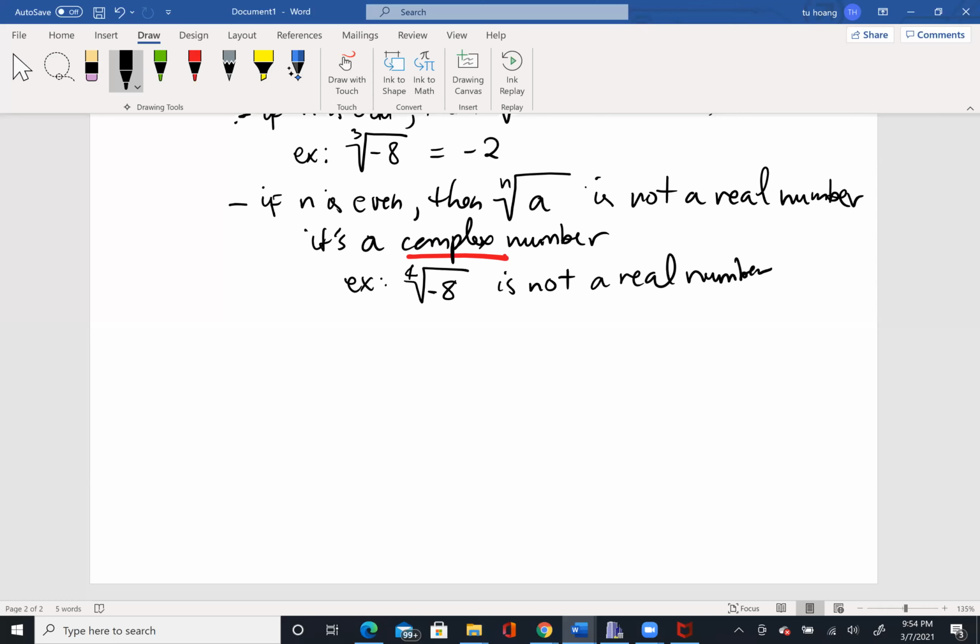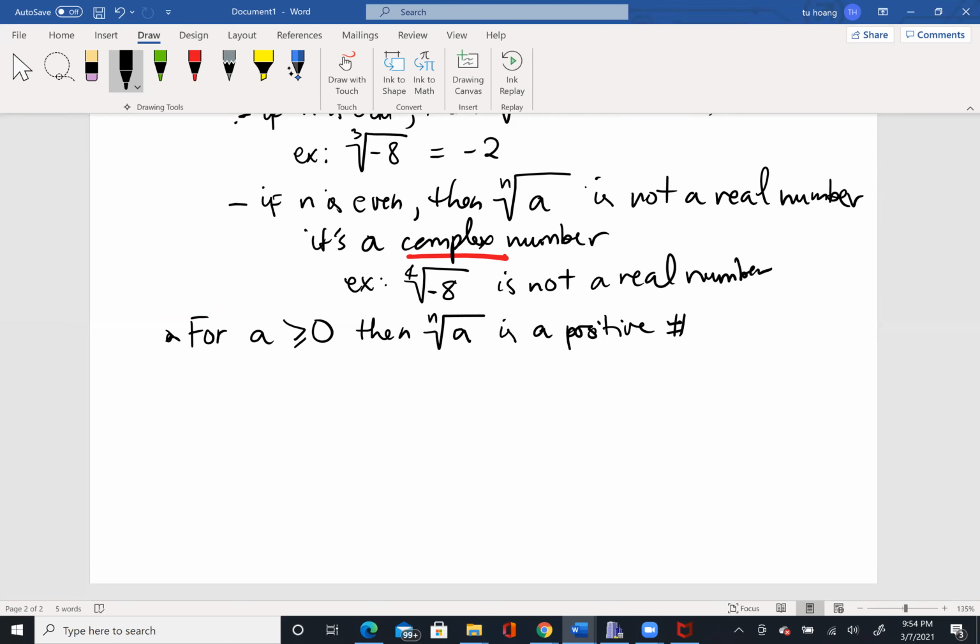So let me write over here: for a greater than 0, or even greater than or equal to 0, then the root n of a is a positive number.